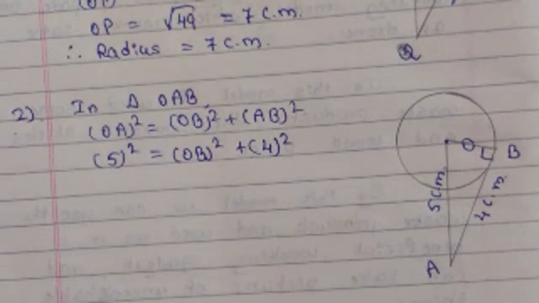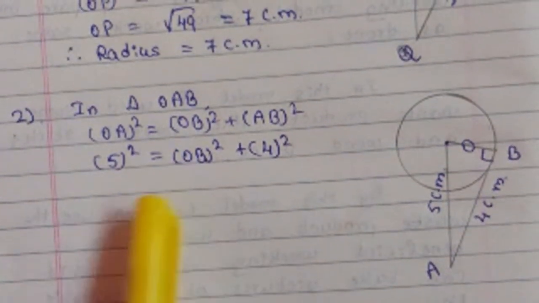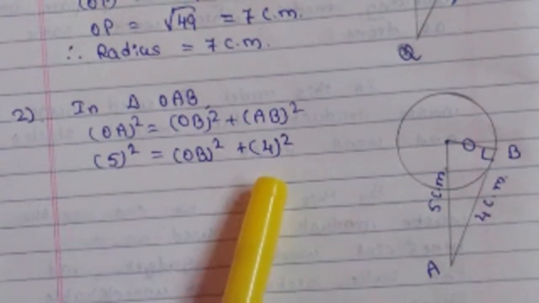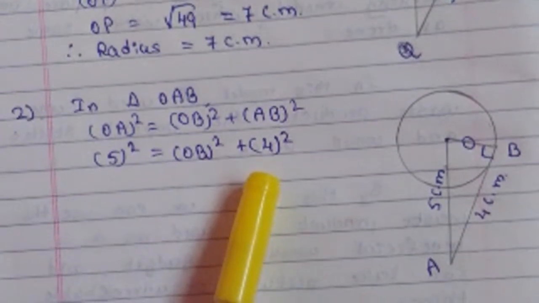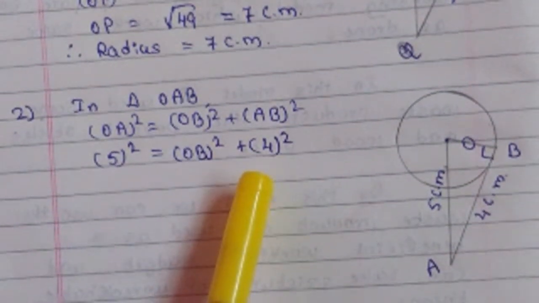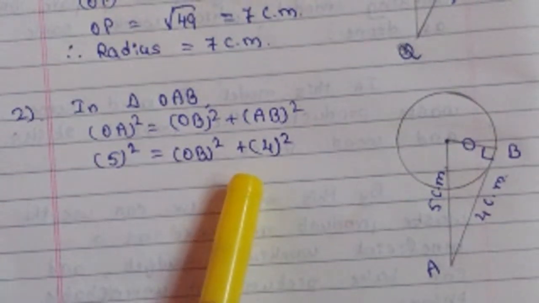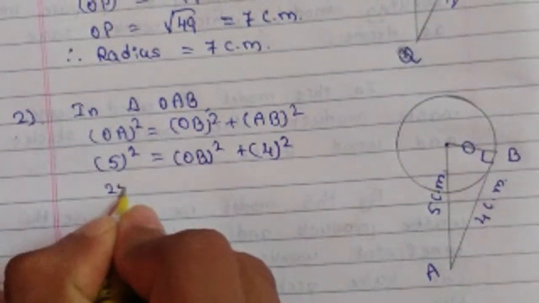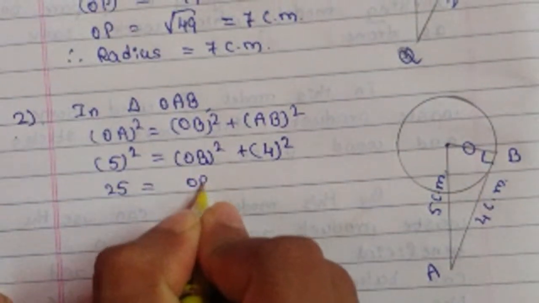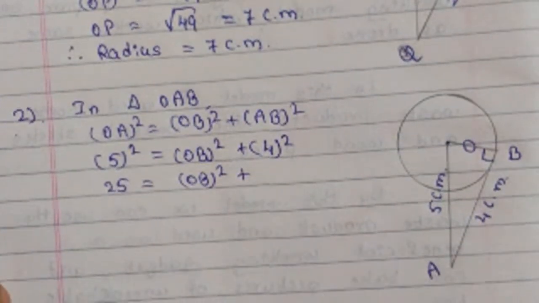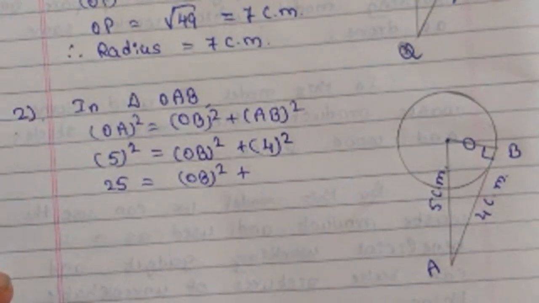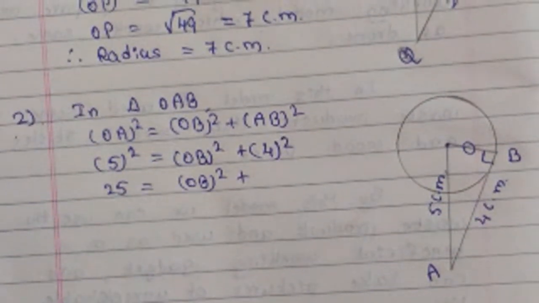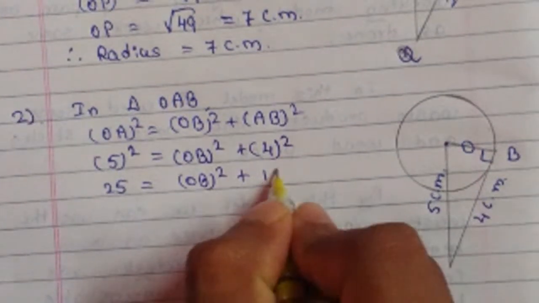According to Pythagoras theorem, we got 5 square is equal to OB square plus 4 square. 5 square is 25, that is equal to OB square plus 4 square, and 4 square is 16.